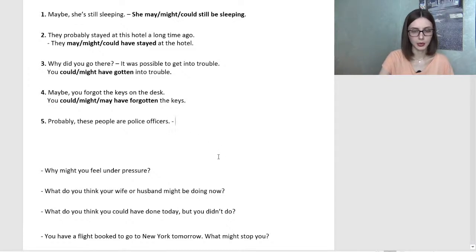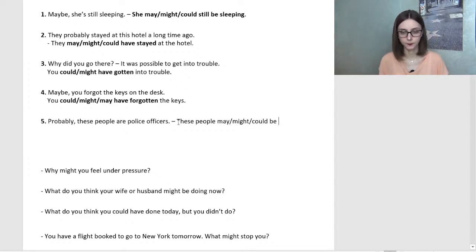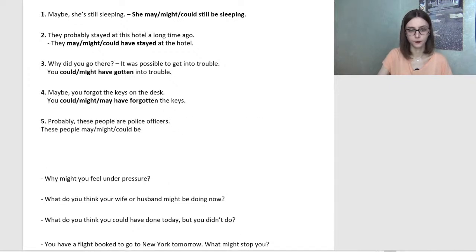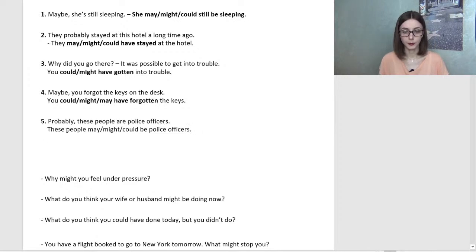So you can say these people may or might or could be police officers. So these people maybe, might be, or could be police officers.